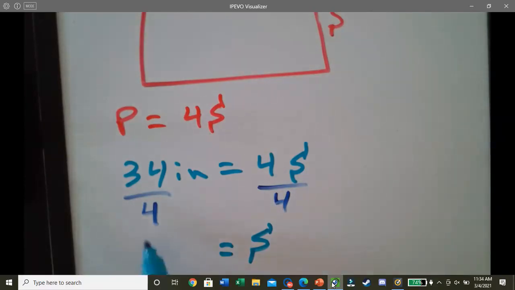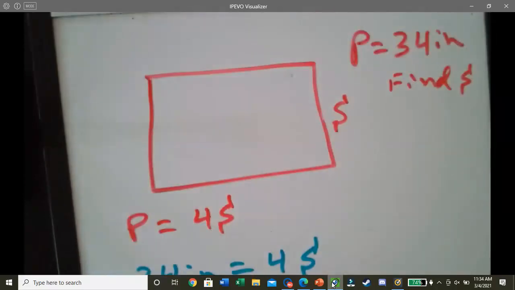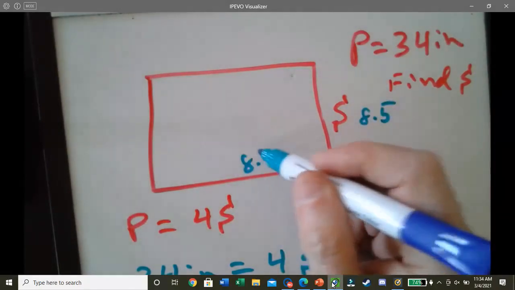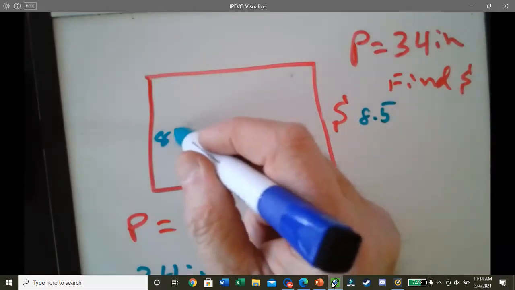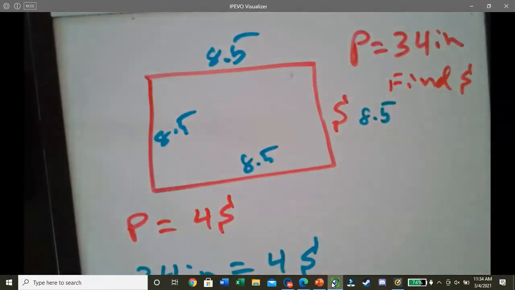So 4 divides into 34 and we get 8.5 inches. And that's our answer. So that means each side is 8.5. If you took 8.5 and multiplied it times 4, you should get 34.